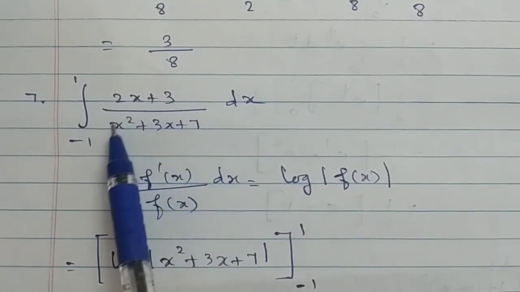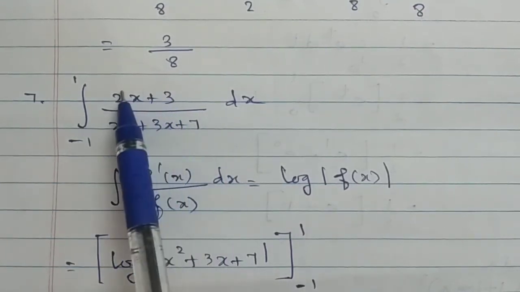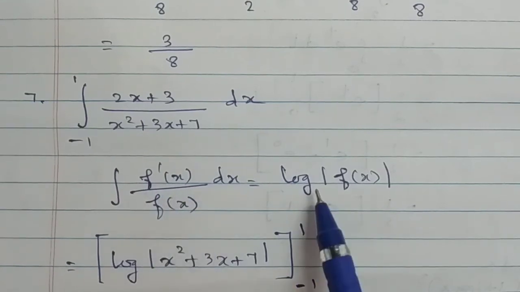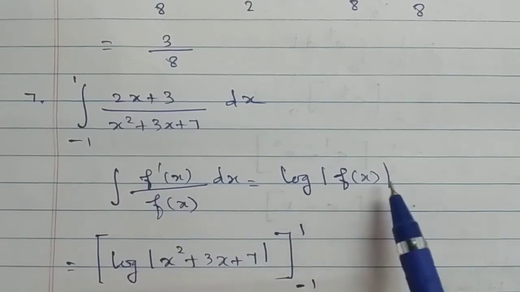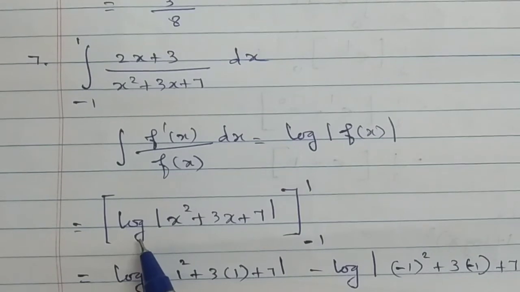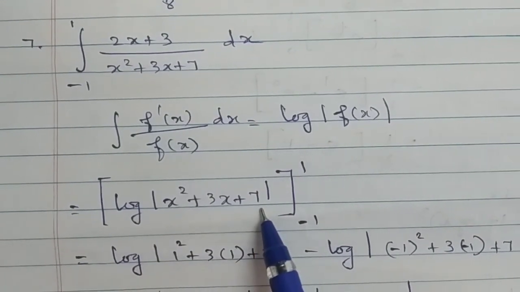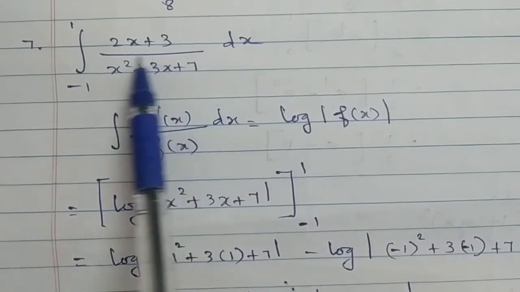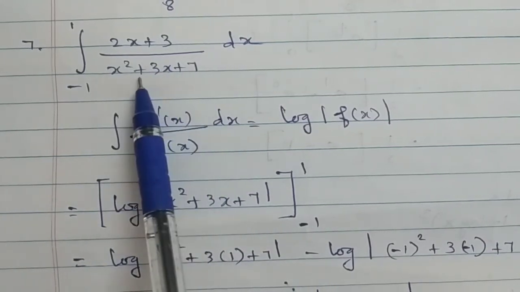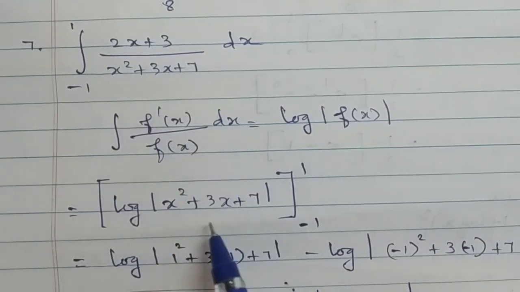So f dash of x is in the numerator, and we can directly write log modulus of x square plus 3x plus 7, the denominator given in the function.